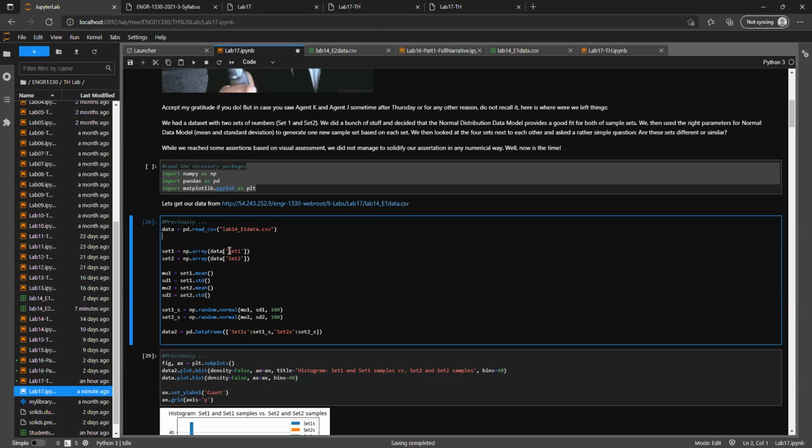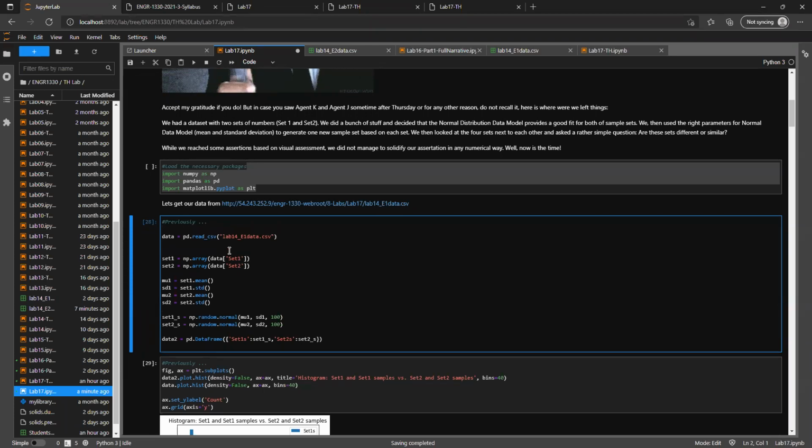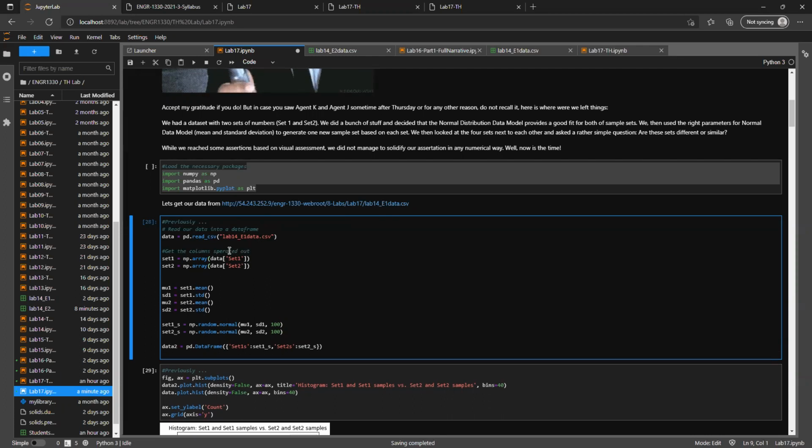So what I'll do here is I'll say what's going on. Read our data into data frame. Get the columns out, separated out. Get mu sigma for columns.